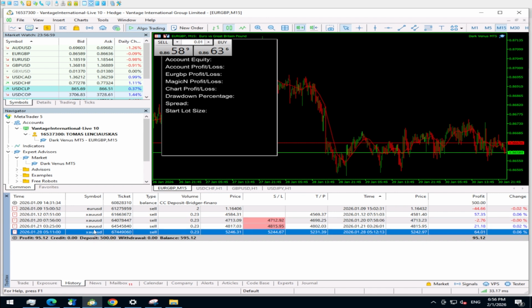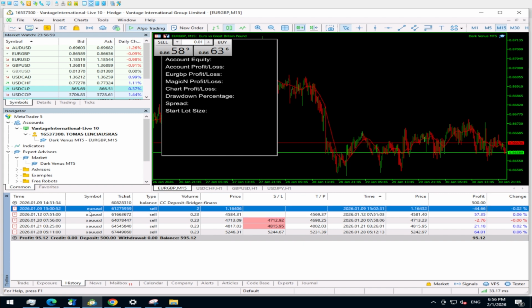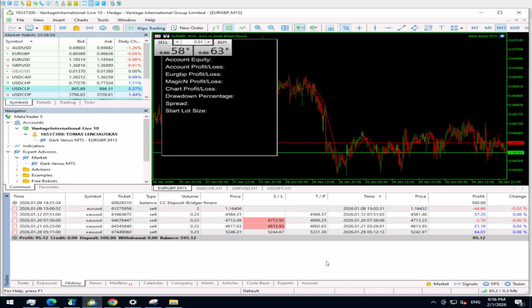As you can see, all of the trades were based on Gold USD. However, there is an additional trade, which is Euro US dollar, and it has negative 44 bucks. It was made on the 9th of January, and this was basically a trigger trade for me to initiate the ZennBot expert advisor on my MetaTrader.